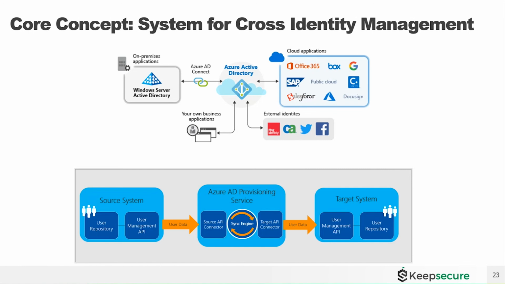SCIM is the acronym for that. When users are added, let's say, to a particular group or to a particular enterprise application inside of Azure Active Directory, that user can then automatically be populated in the target system. There's a whole bunch of applications that this works for, Azure Databricks being one of them.